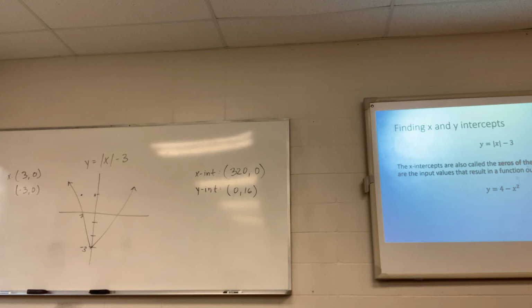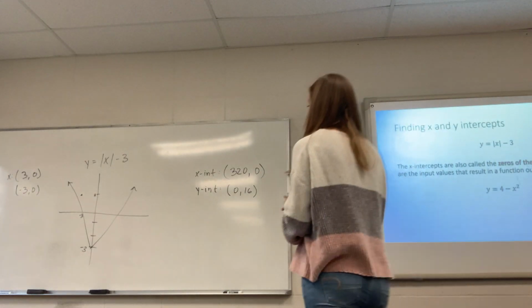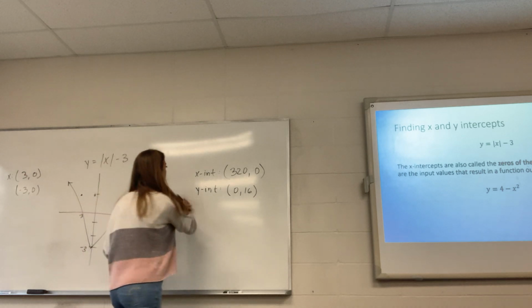So that's another way, because sometimes just eyeballing stuff off the graph is not always super accurate, so it's nice to use our table. Okay? Alright, let's do the other one, let's find our x-intercepts of 4 minus x squared.